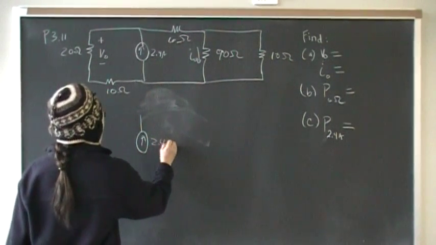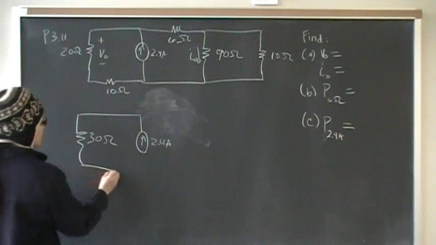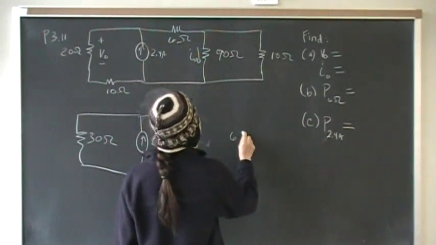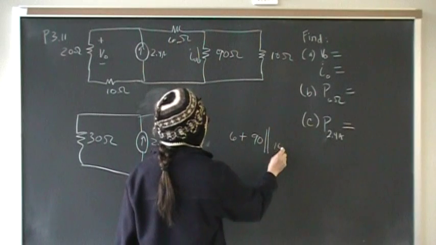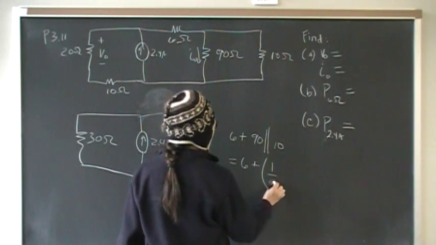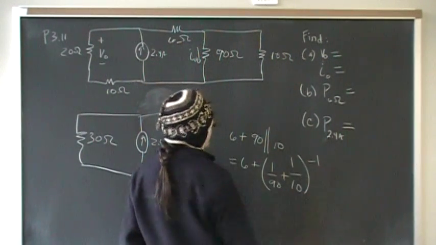Here's our 2.4 amp source. Over here we have 30 ohms, and over here we have to figure it out. We've got 6 in series with 90, which is in parallel with 10. So that's going to equal 6 plus (1 over 90 plus 1 over 10) inverse.